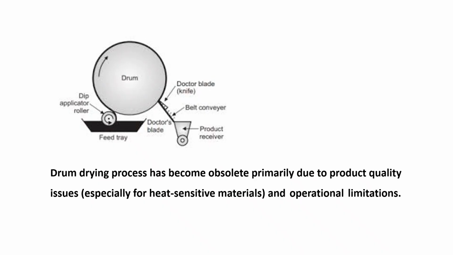Maybe we will come with another video about why drum drying is obsolete, if there is a request. If a request comes, we'll make a video on why drum drying is obsolete. But now, drum drying is not used nowadays.